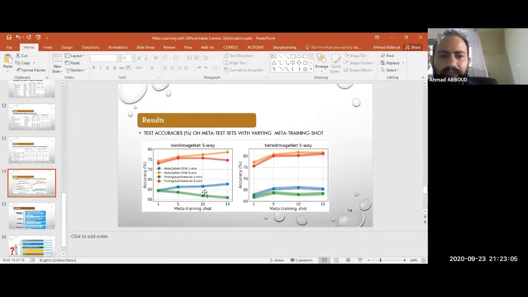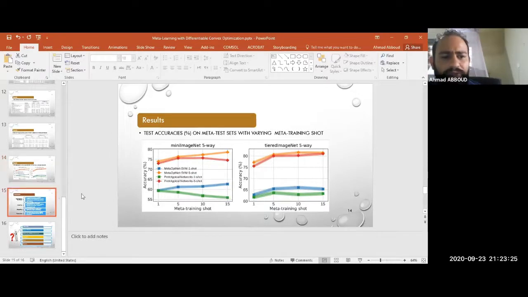And we can see that even on 1 shot or on 5 shots, it is the same. MetaOptNet with SVM 5 shot or 1 shot makes better accuracy on both datasets.